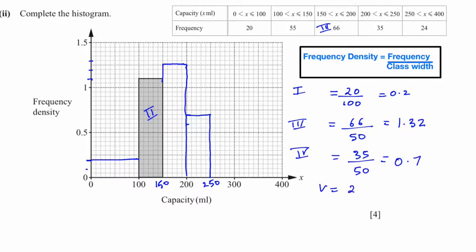We have frequency 24 and 150 is the class width. This will give us 0.16. So 0.16. 0.1 is here and 0.2 is here. So it's somewhere a little above this. And that's our fifth bar. So we are done drawing the histogram.